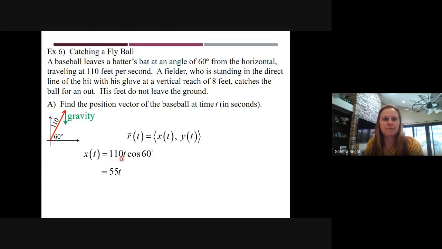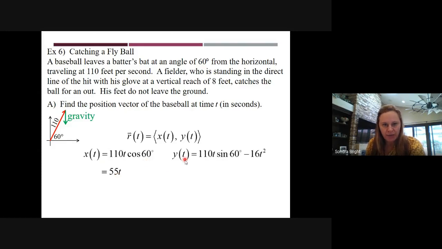At each time, because it's traveling at 110 feet per second, I wrote 110 here, but that's not exactly true. I guess this would be at 1 second. Here's what the velocity vector looks like, right? At 1 second, the length is 110, but it changes. At 2 seconds, it'll keep on going, right? So this will give you your horizontal component.